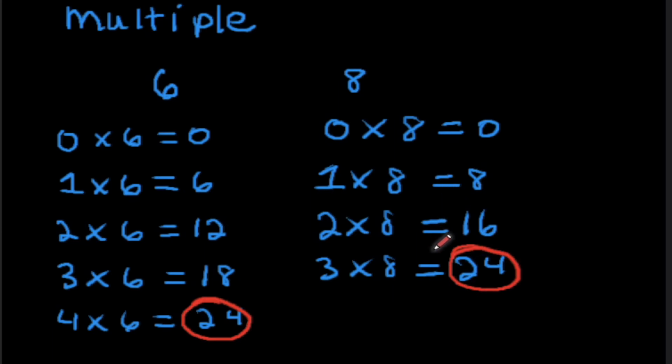Okay, so it is the least common multiple because it's the very first number that appears in both lists. So if you were asked what's the least common multiple for 6 and 8, you would say the LCM is 24. Okay, so now let's go over some other examples because I know that we've listed these numbers, but I would like to state that this method does work very well for smaller numbers.